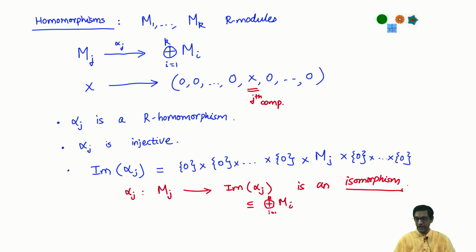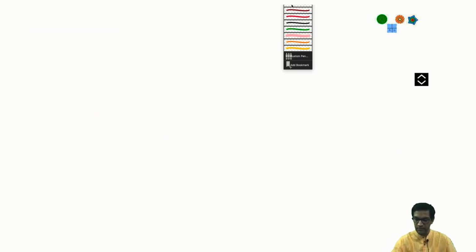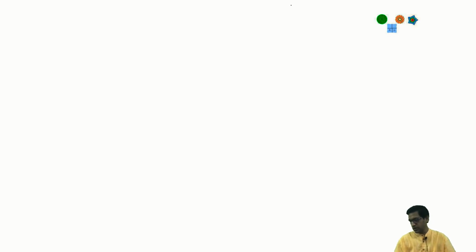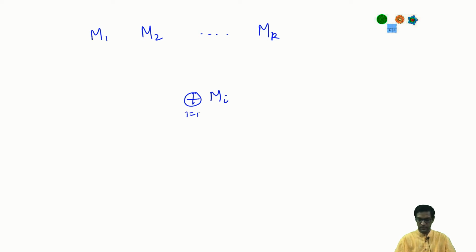Okay, so what we have inside the direct sum really is a copy of each of these modules Mi. And so sometimes one draws the following picture. So I have M1, M2, M3 and so on, Mk. The direct sum of these modules Mi is there. Now from each of these modules I have this map, what I am calling alpha j, or alpha 1 from M1 to this, alpha 2 from M2 to this, and alpha k from Mk to this.